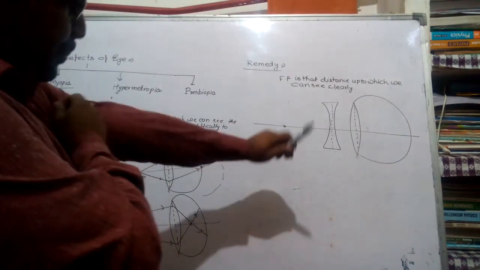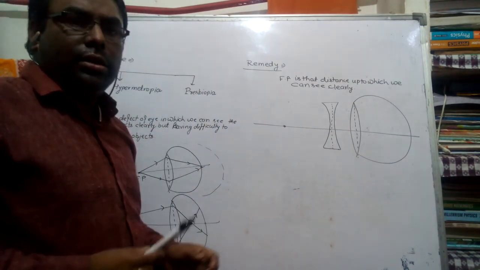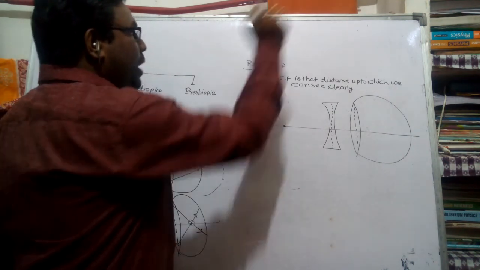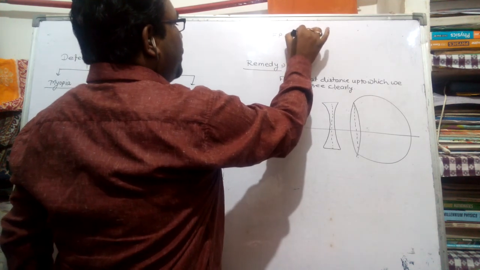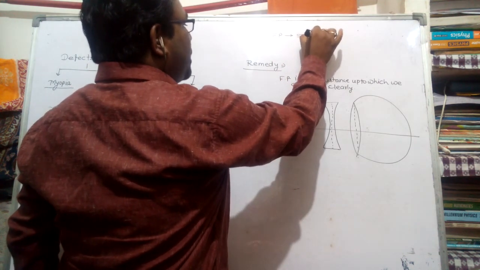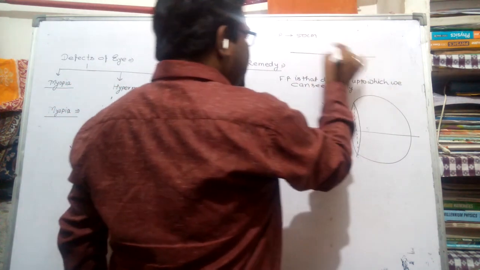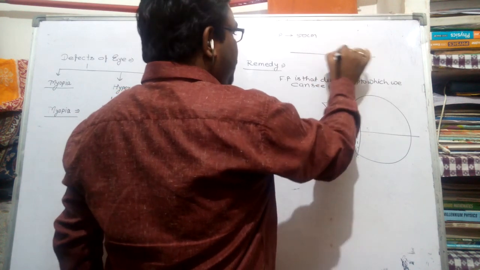This means, beta, when the object is placed at infinity, we want to see the image at this point. Suppose the far point is 50 centimeter. What is the meaning of this? 50 centimeter means the object is seen inside the 50 centimeter.